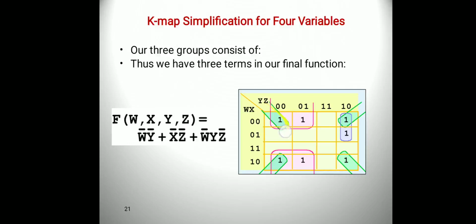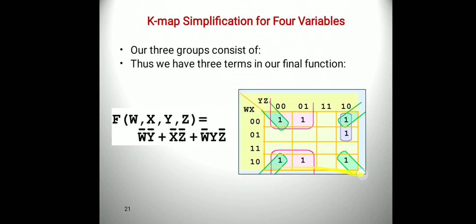The second group means the corner ones. See here, for the corner ones, in the first column yz is 00, in the last column yz is 10, means z is constant, therefore its value is z complement.